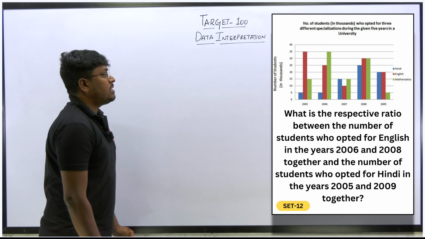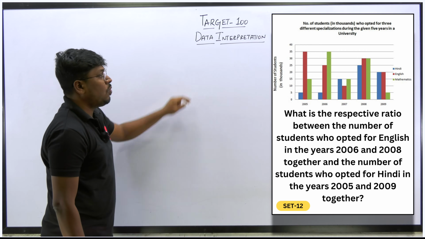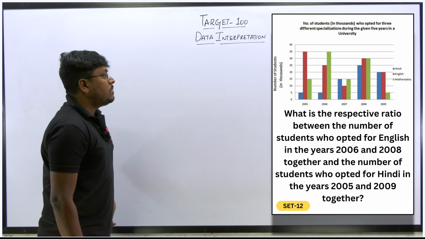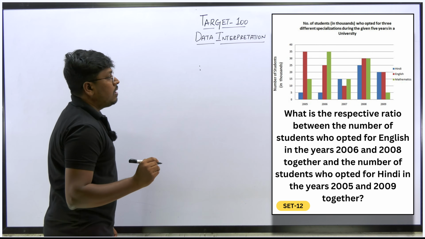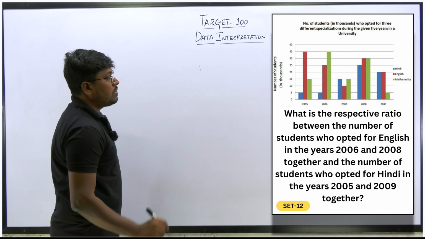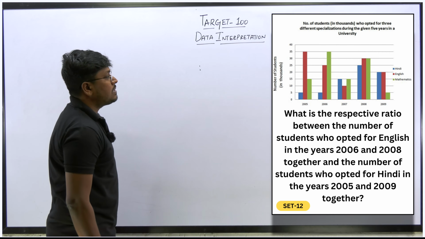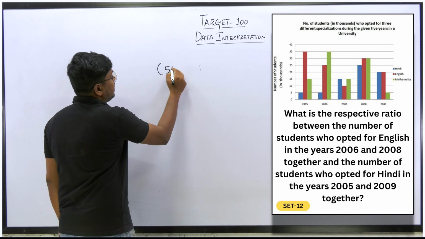So the last question: what is the respective ratio between the total number of students who opted for English in the year 2006 and 2008? So we need to find the ratio. Students who opted for English in the year 2006 and 2008 together: 2006, 25 and 30, which is 55.